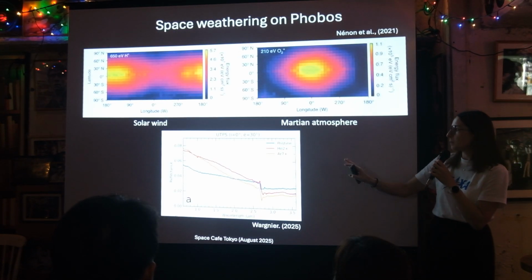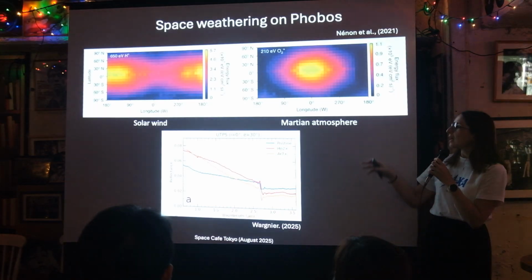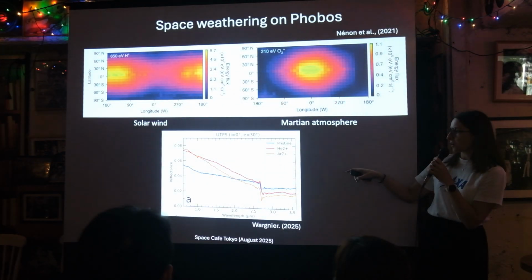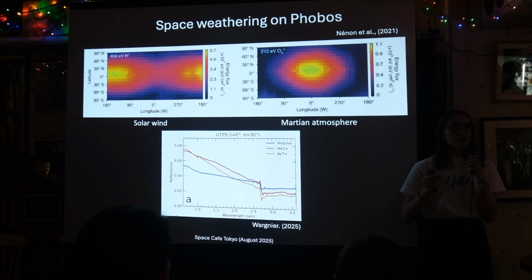So basically just keep in mind that different colors represent different irradiations, and we can see that they are both different, so the yellow and red are very different from the pristine one, which is the one not irradiated. So the data that we will obtain in the future from Phobos, we have to decouple them from the impact of the environment. Otherwise, everything is biased, and we will not measure the good properties.